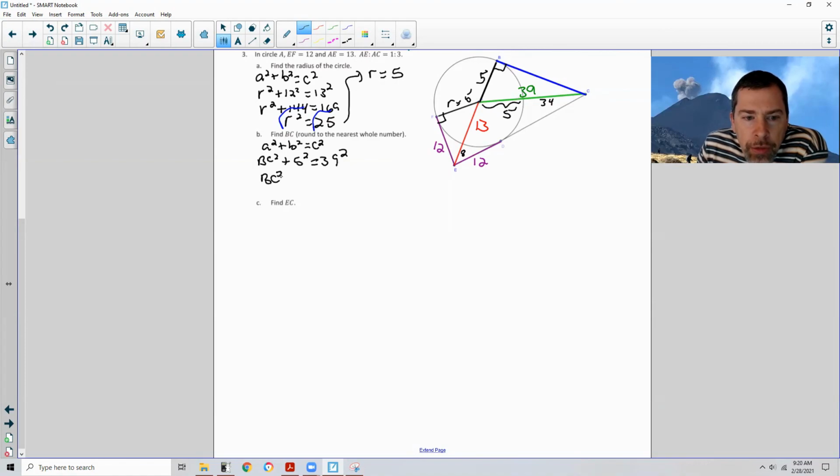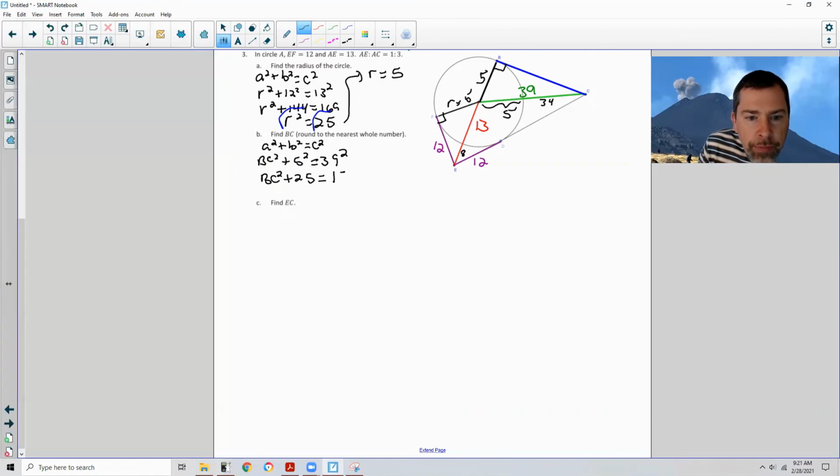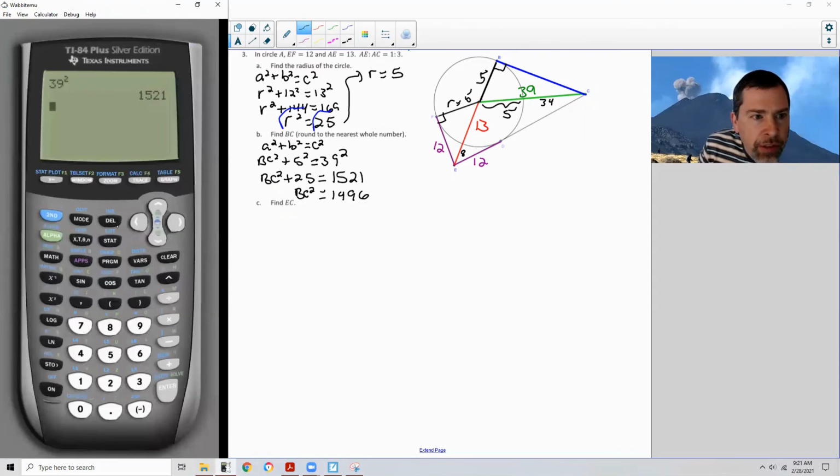So BC squared plus 25 equals, and I'm going to use my calculator for this one, 39 squared, enter, 1521. So BC squared is now equal to 1521 minus 25, which is 1496. If I did that right, 1496, that was a good year.